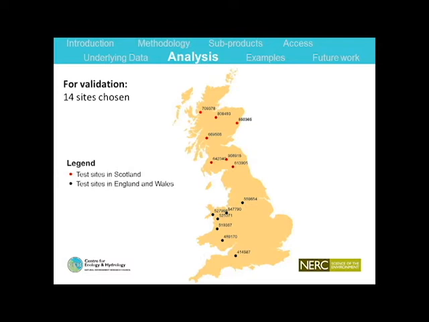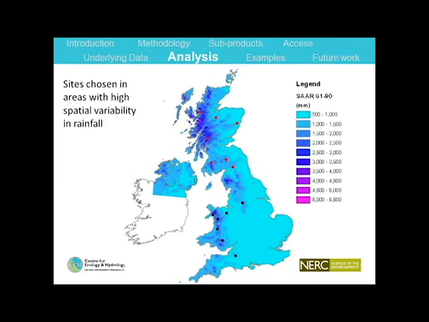What we've done is we've removed those rain gauges from the network, and we've calculated the grids without using those gauges, and we've used them for validation. Those sites were chosen in areas with high spatial variability in rainfall. The reason for that is because those are the regions that are likely to be more problematic for the interpolation method. So we really wanted to test the method where it's likely to perform worse.